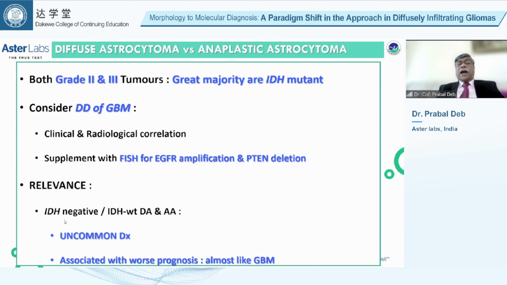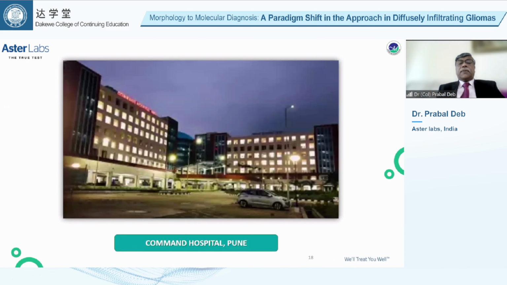So, although IDH negative or IDH wild type diffuse astrocytoma and anaplastic astrocytoma are rare, they are frequently encountered. And that is where the question comes about the pitfalls of WHO 2016.